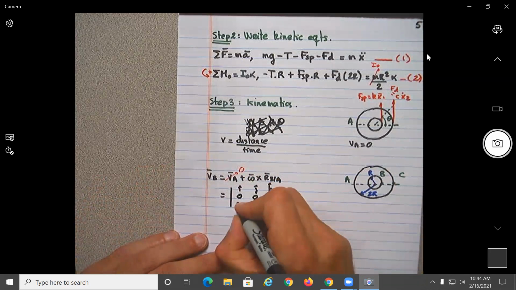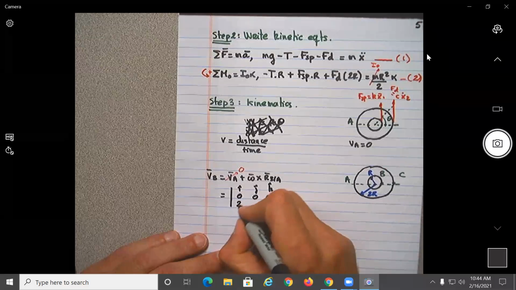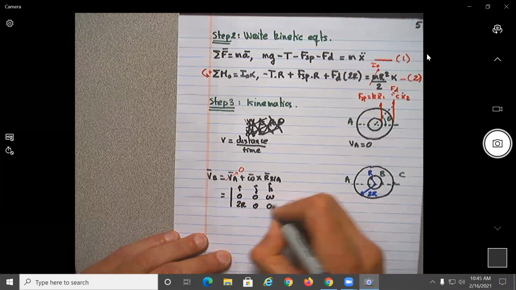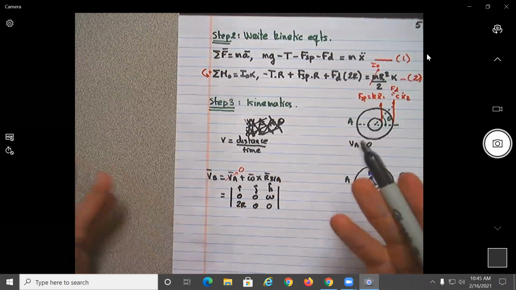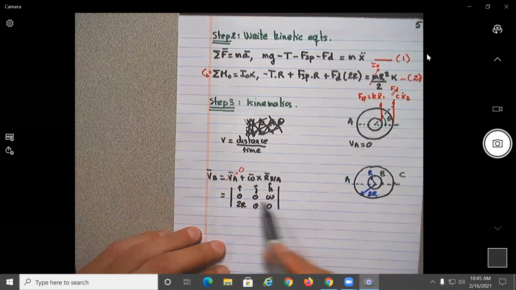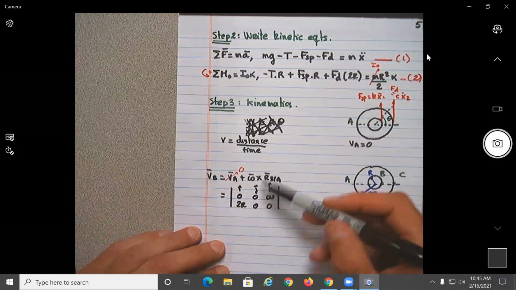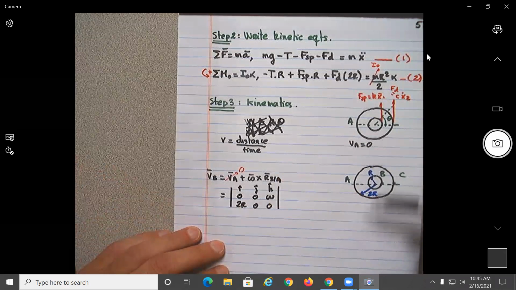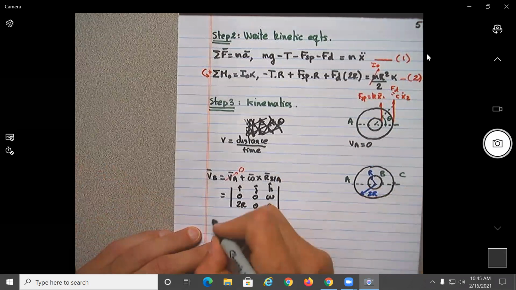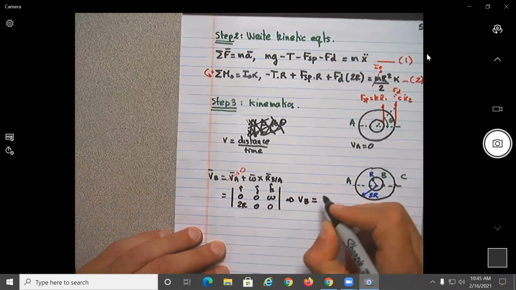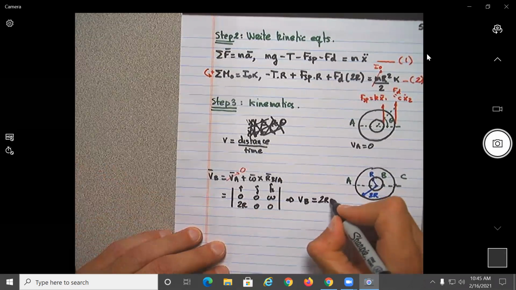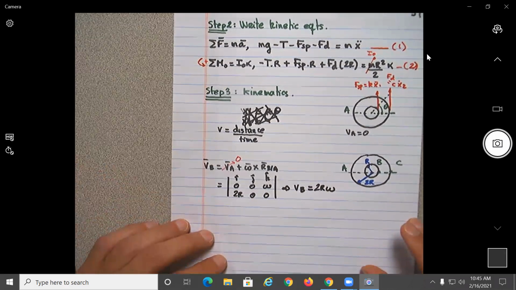It is 2R, 0, 0. Okay? So when you look at it, even the math will give you the correct result. This should give you what? Just a component in the y direction, no? Or an up and down, not reaching the x. So this will give you here VB equals 2R omega.